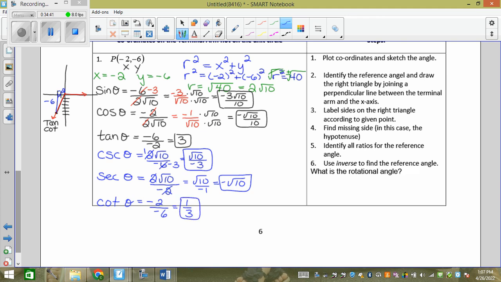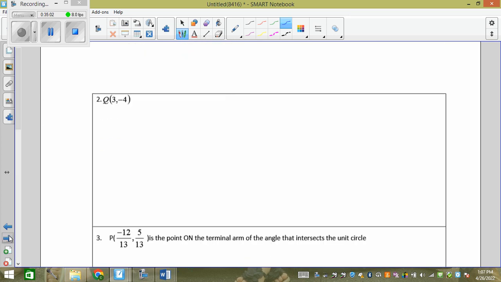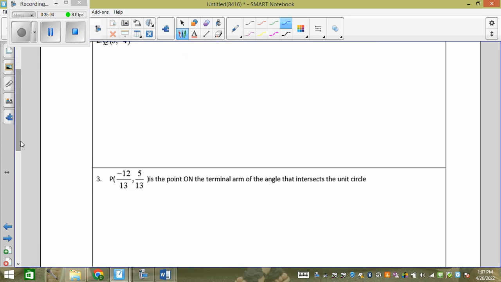Then you're going to flip over. Okay, I want you to do 3 and negative 4.